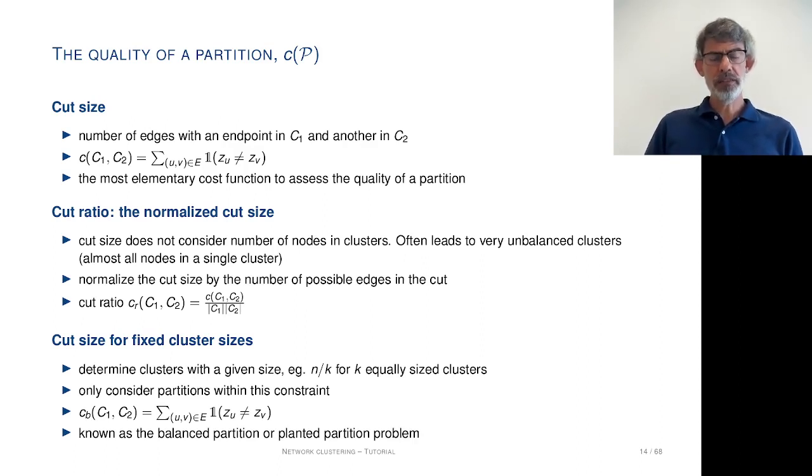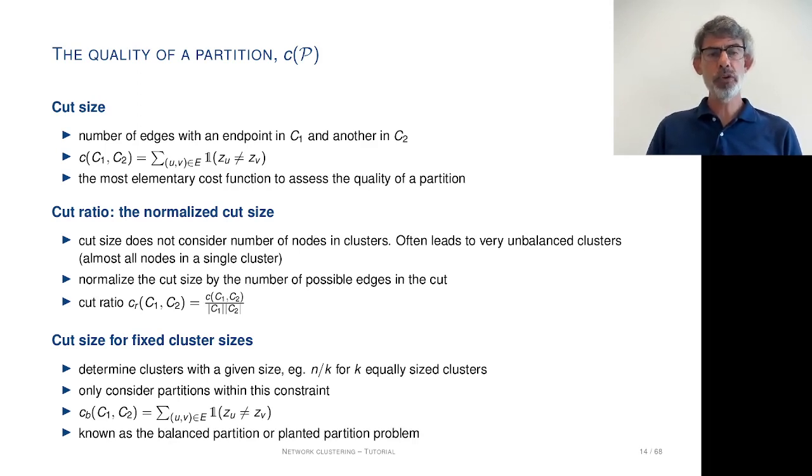So the third variation is to define a priori the sizes of my clusters. So I determine the cluster size, and if I want equally sized clusters, I can divide n by k. That will give every cluster the same size, plus or minus 1, because we have an integer number of nodes. And then we only consider partitions within this constraint.